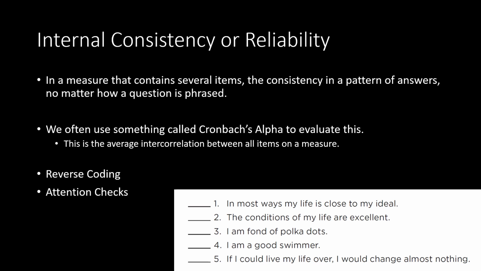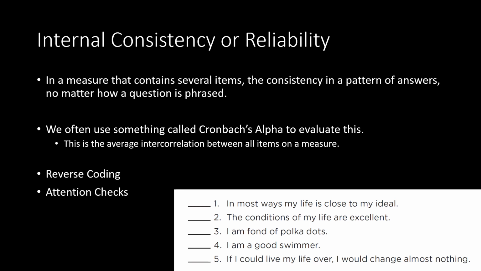So of these 5 items here, for example, it would evaluate how item 1 is correlated to item 2 and item 3 and item 4 and item 5, and how item 2 is then in return correlated to 1, 3, 4, and 5, and item 3 to 1, 2, 4, and 5, and so on and so forth. And then ultimately Cronbach's alpha is kind of an average of all of those intercorrelations.